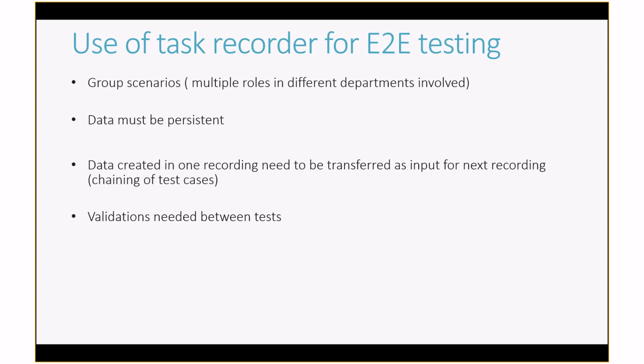And typically you also want to do some validations in between. For instance, if you create a production order, and you know that you start the production order for a specific item with a quantity of 3, and in your test you reported quantity good for the production order as 2 and 1 quantity bad, you could easily add a validation test by adding a recording where you test what the quantity on hand is at a specific moment.